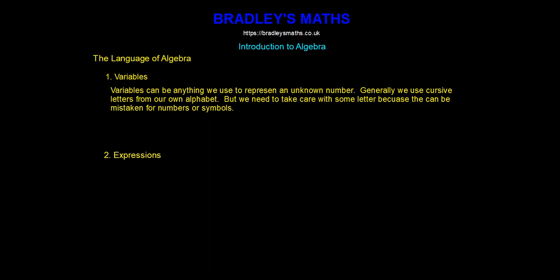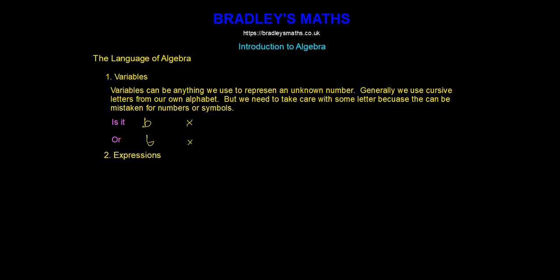For example, is it a B or a 6? They're very easily mixed up. Is it an X or a times symbol? That's incredibly easy to mix up.